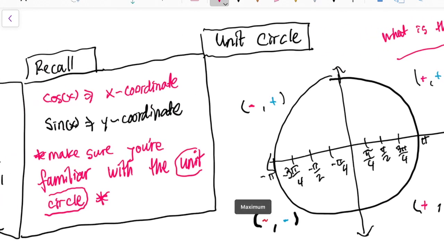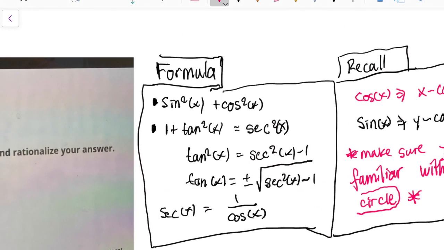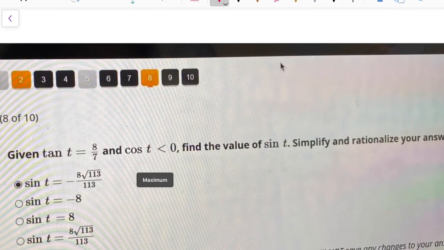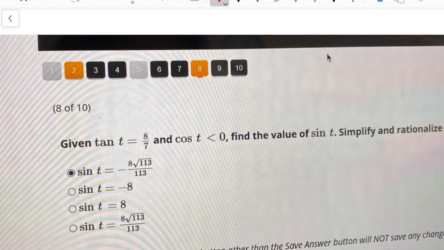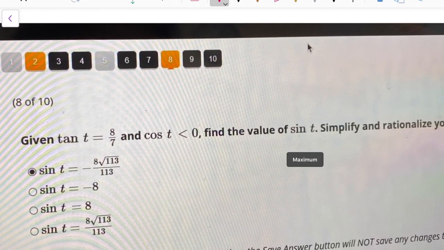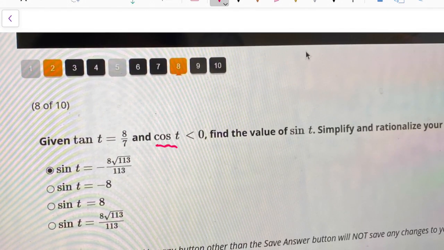Okay, so going back, we're given the tangent of t is equal to 8/7, and our restriction is right here.